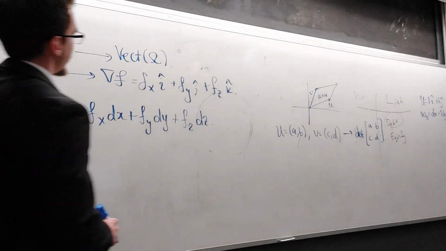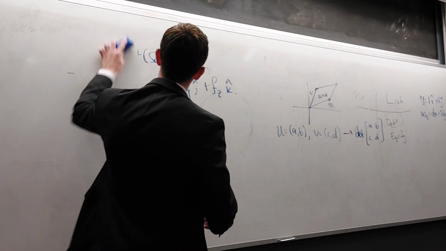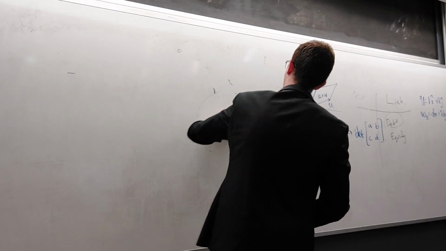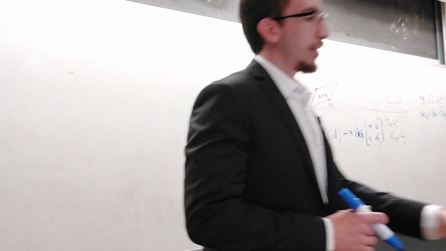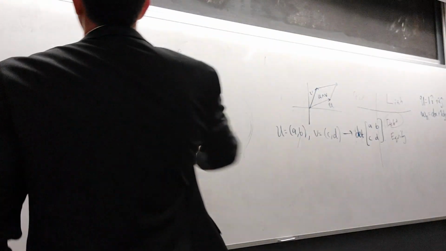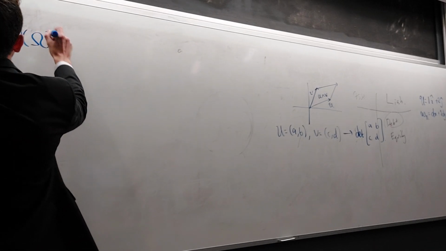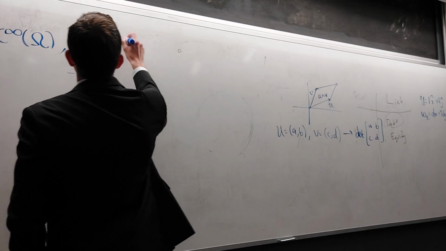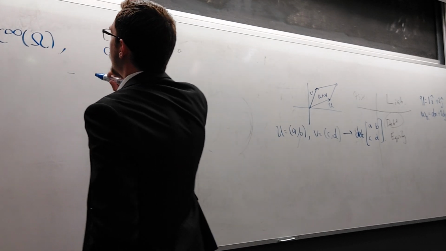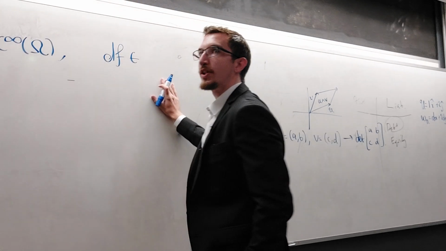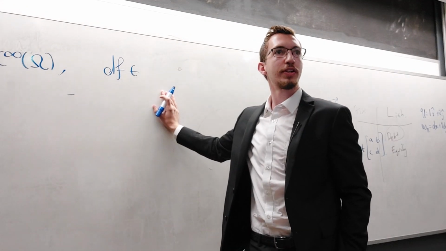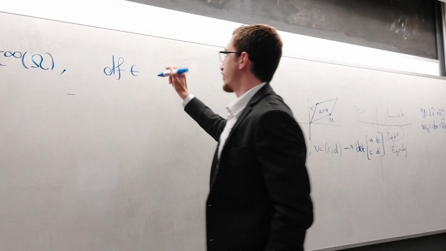Okay, so let's be very concrete. If I have a function f, then df is a what? The exterior derivative of a function defines a one form.